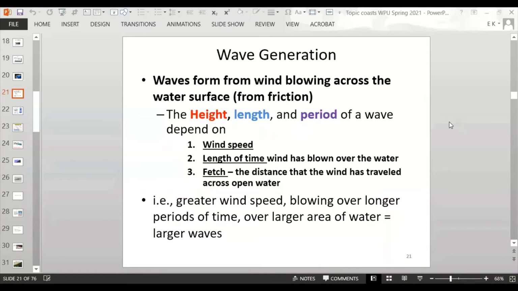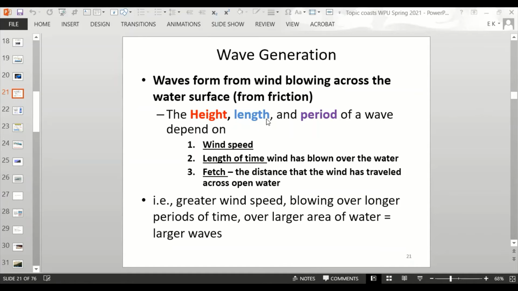So waves form from wind blowing across the water surface, and that's related to friction from wind going against the water.